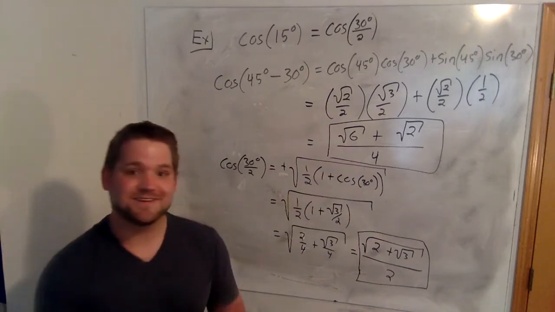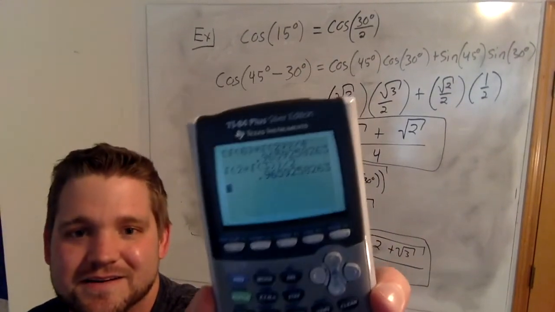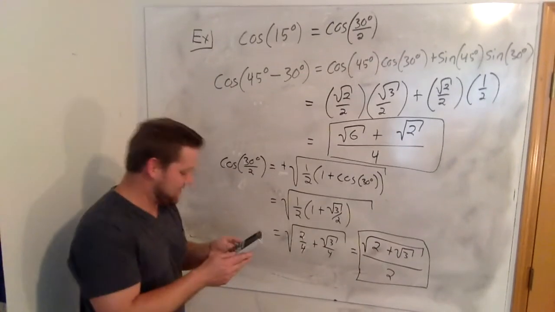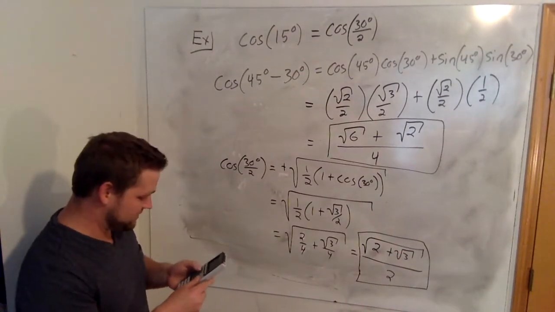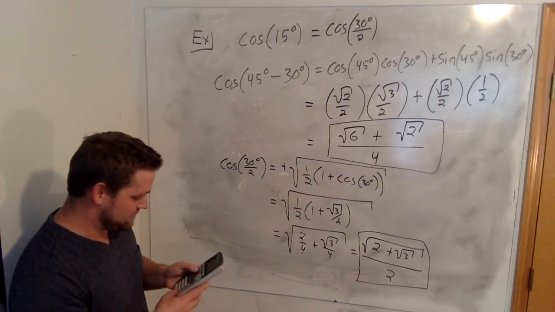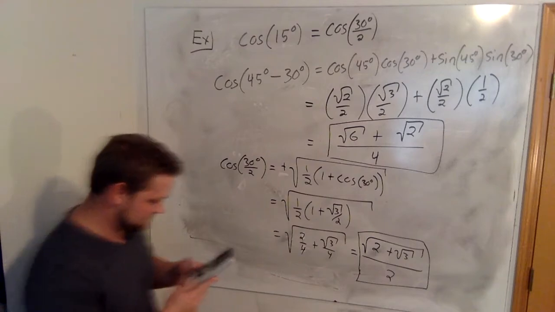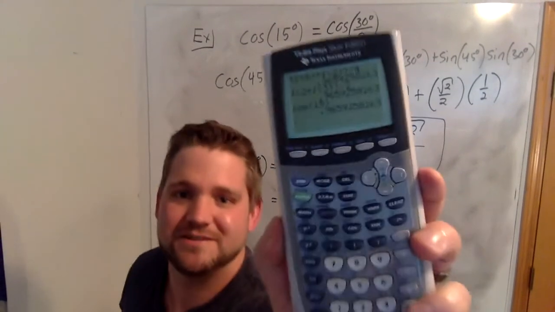And what do you know? They are the same. Well, let's make sure they're both the same thing as cosine of 15 degrees. Let's make sure we're in degree mode. And if we do the cosine of 15, all three are equivalent.